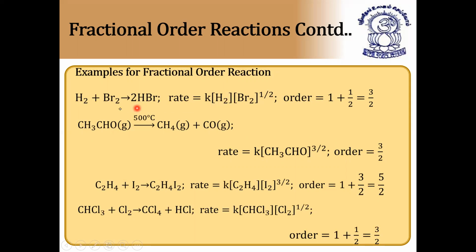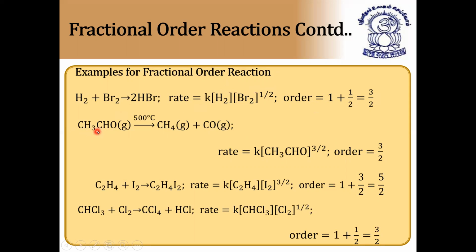This is just experimental data. The overall order of the reaction is 1 + 1/2, because order is the sum of the powers of the concentration of reactants. So order = 1 + 1/2 = 3/2.